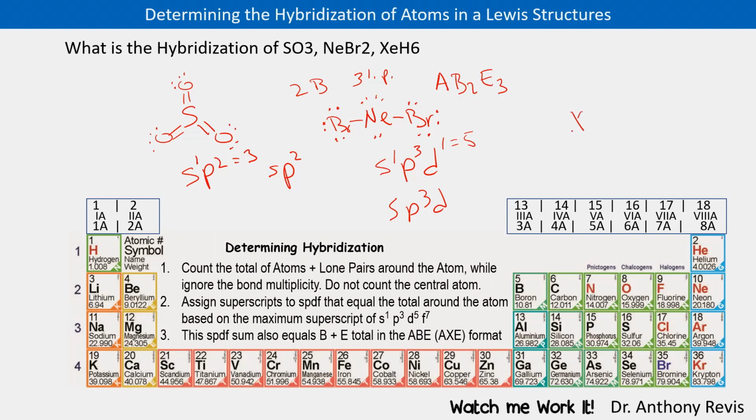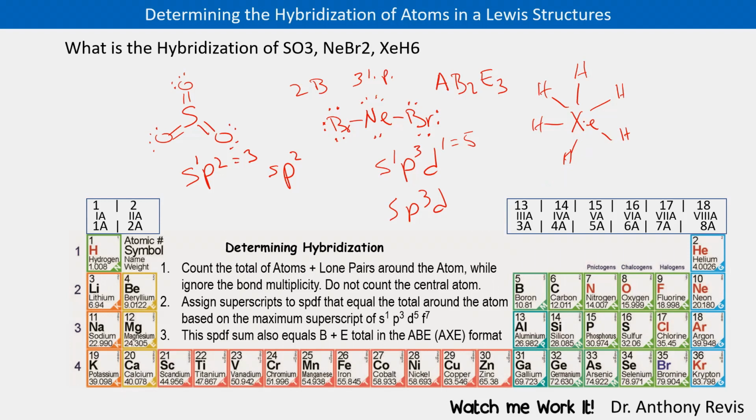And then we have XeF6, with 6 fluorines on it. I'm just drawing them out here to get a tally. 2, 4, 6, 2, 4, 6, 8, 10. Let's see here. We need to make sure we have all the electrons accounted for. Oh, I didn't draw 6, did I? 1, 2, 5. There we go. Nice. So we have 6 around this.